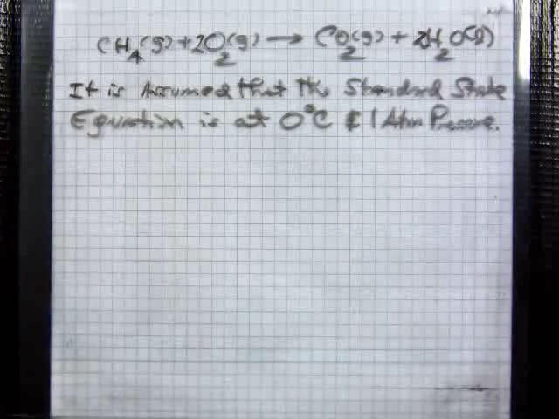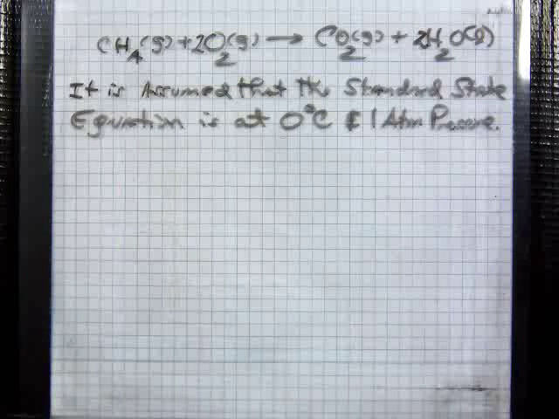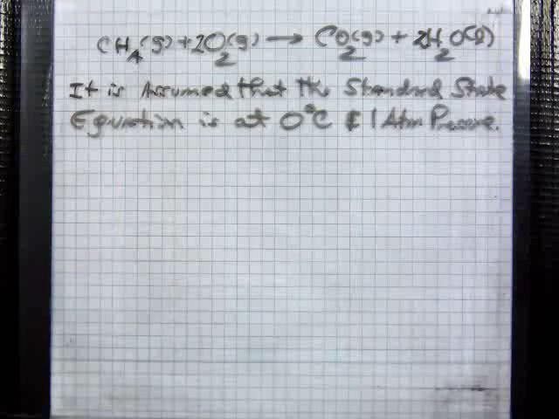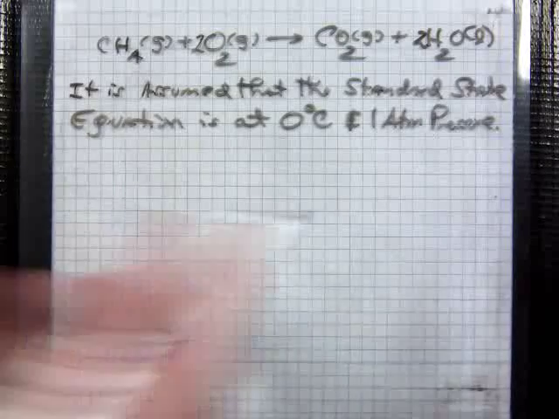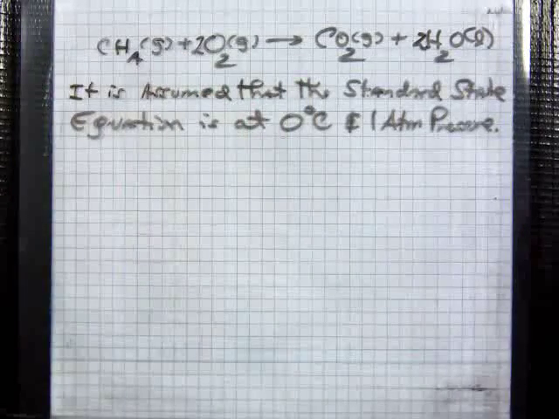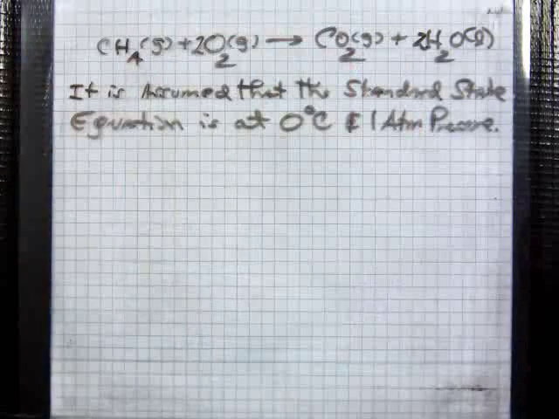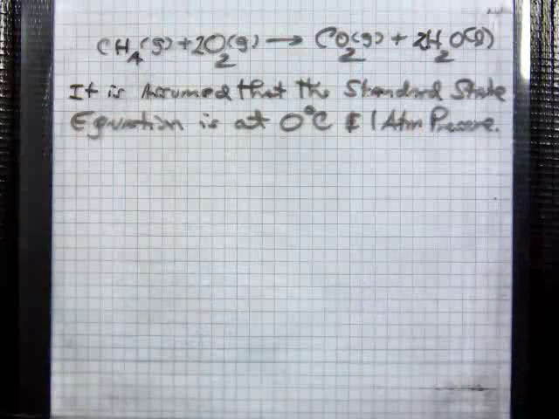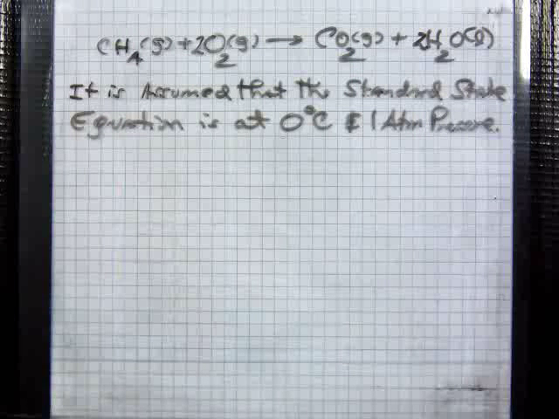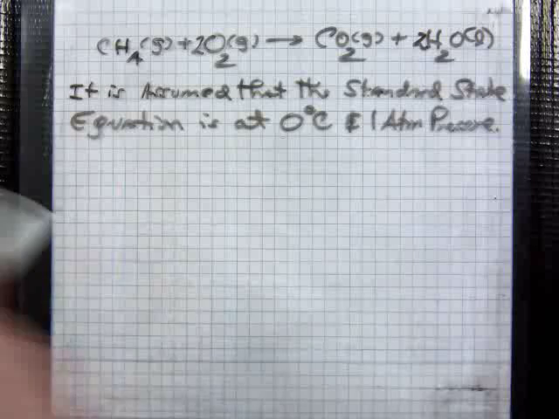It may say at STP, but that's 0 degrees and 1 atmosphere, but it may not. But as you're given an equation in standard state, you mentally assume that it is at 0 degrees and 1 atmosphere. Now the reason is primarily for gas phase components in here. The oxygen, methane and CO2 all exist in gas. There is a numerical value for what we call a molar volume, and that only occurs at 0 degrees and 1 atmosphere.